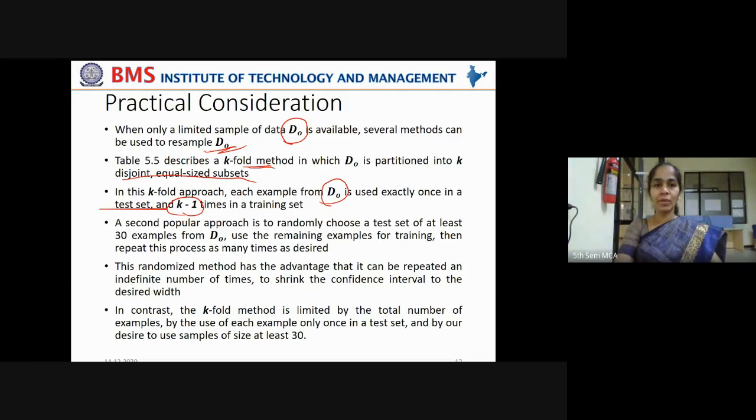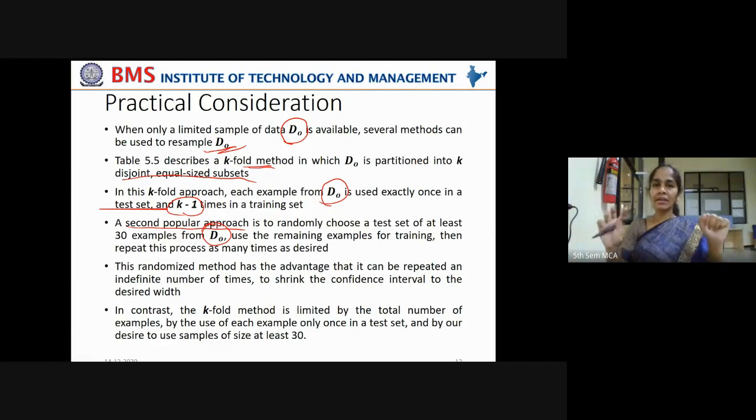That is quite obvious. Now, a second popular approach, completely different from cross-validation. What is that approach? The second approach is to randomly choose a test set of at least 30 examples. Okay, the test set we are taking with 30 data points from D naught, that is the sample we have taken from the main distribution D. Use the remaining examples for training.